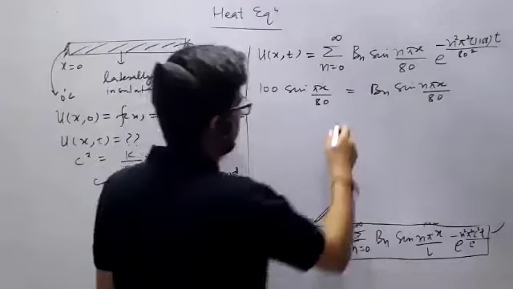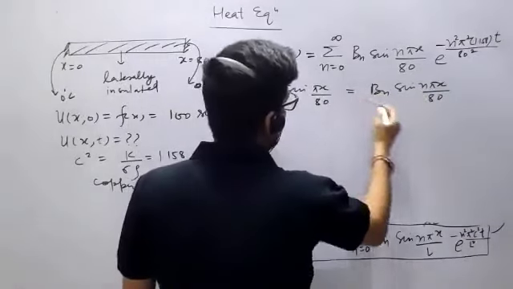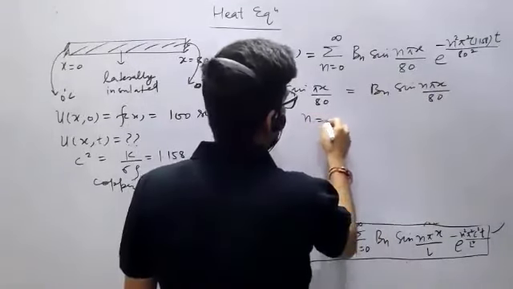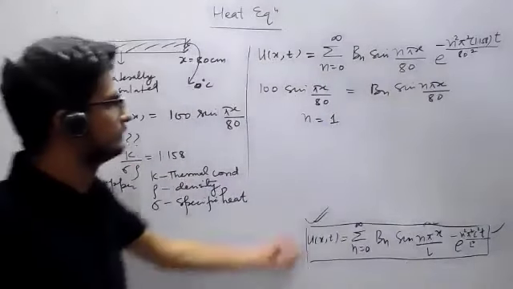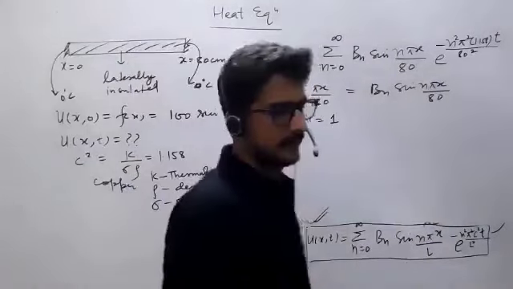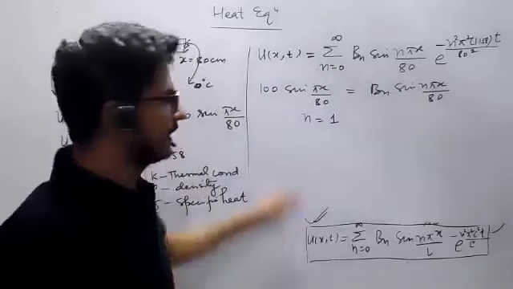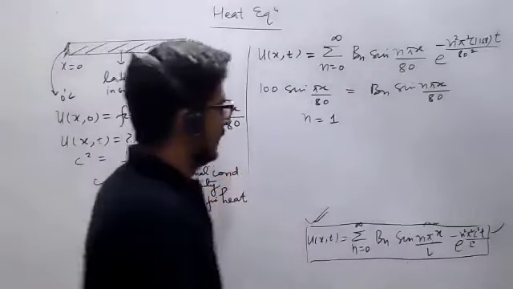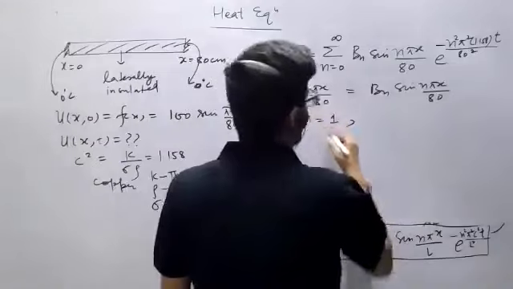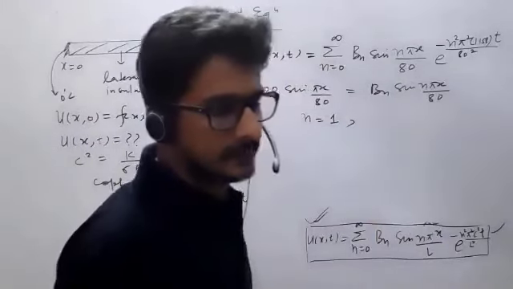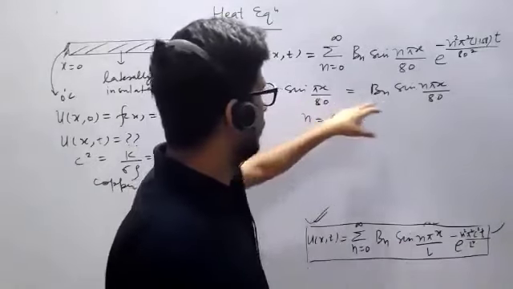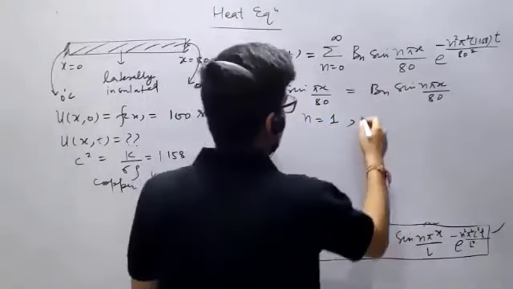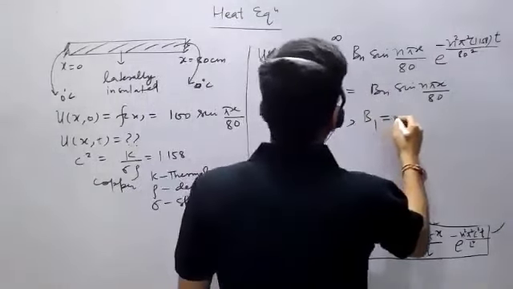So you can compare this as n is equal to 1, correct? Yes or no? There is no other term. N is equal to 1. Bn is equal to 100. Yes, sir. N is equal to 1 and the value of B1 is equal to 100.